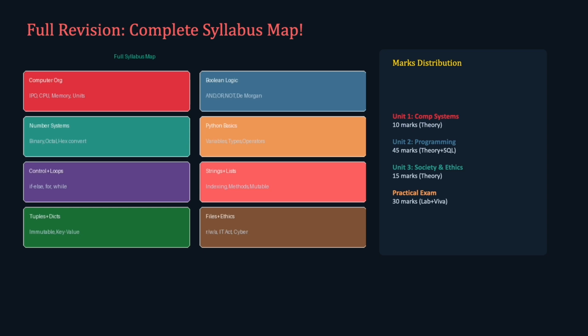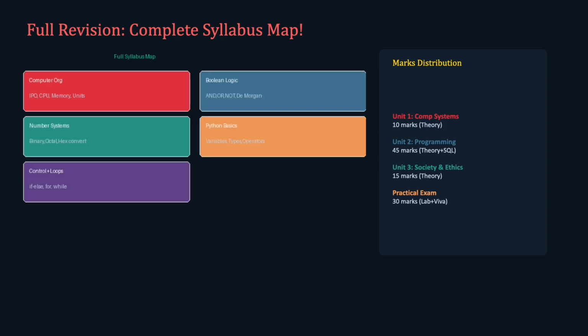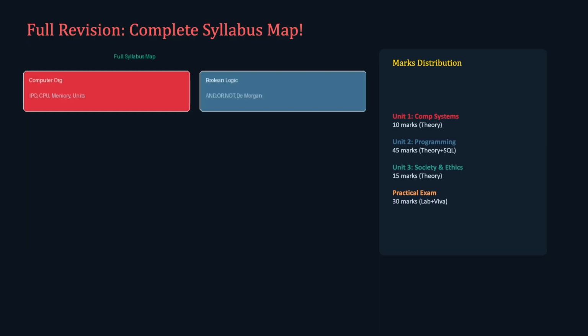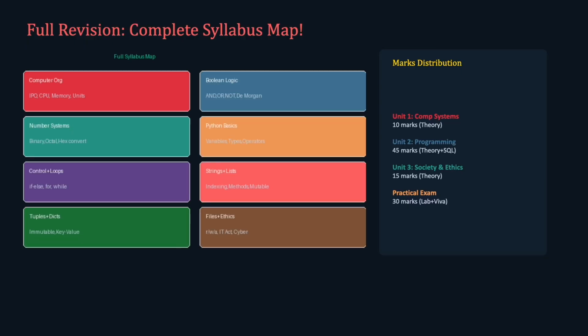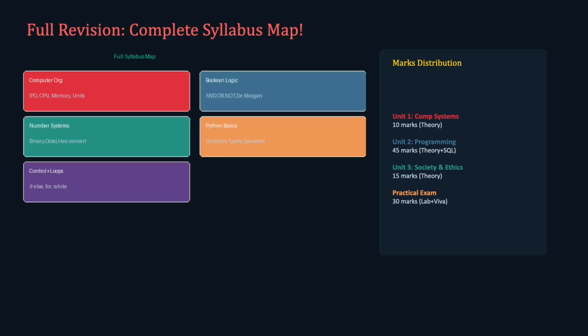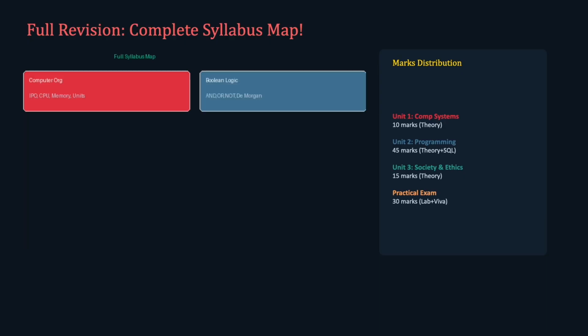Unit 2 covers Python basics, control flow, strings, lists, tuples, dictionary, file handling, and functions. Unit 3 covers cyber security, intellectual property, and IT Act 2000. Mark split: Unit 1 gets 10 marks, Unit 2 gets 45 marks, Unit 3 gets 15 marks, and practicals are 30 marks. Focus most on Unit 2.